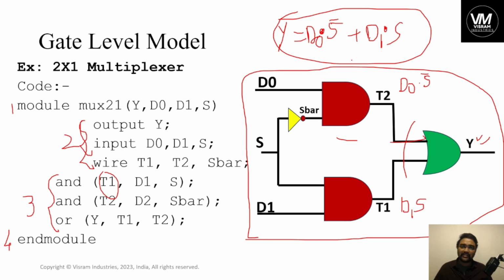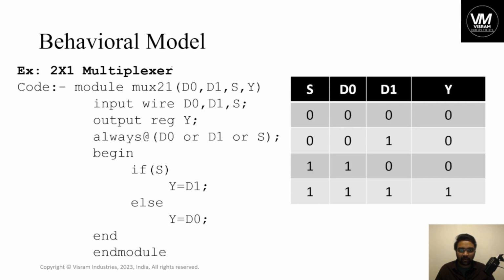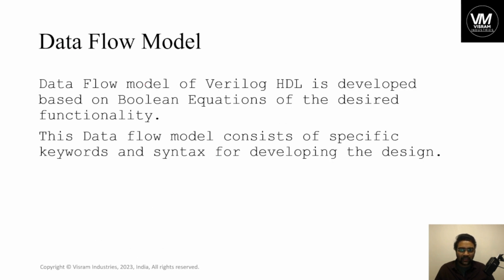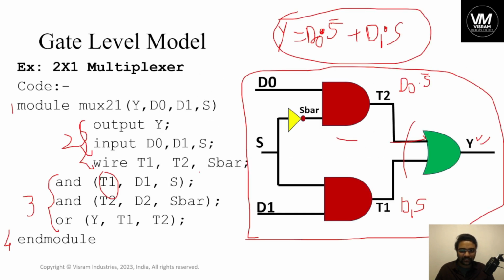The output will be the same for the multiplexer in three different models, in the behavioral model, the data flow model or the gate level model. It is the same. The output is the same.